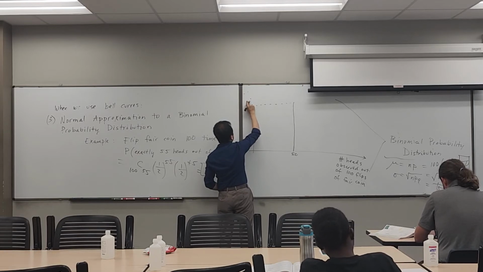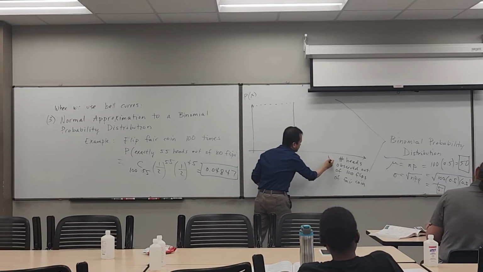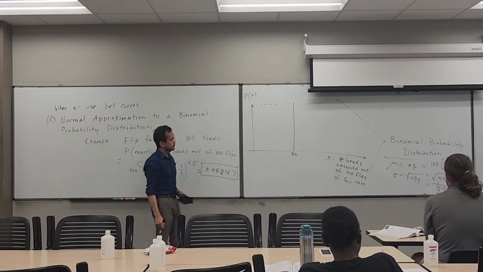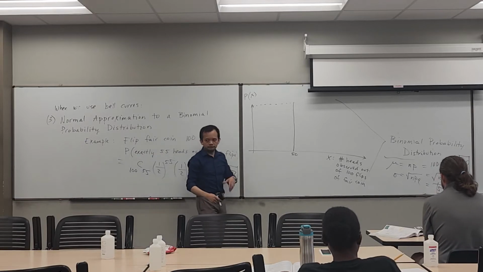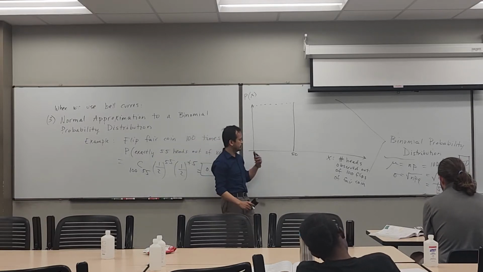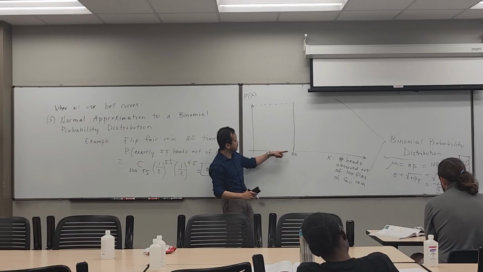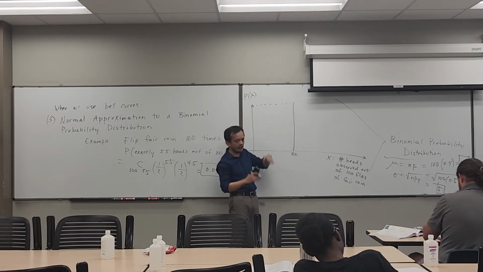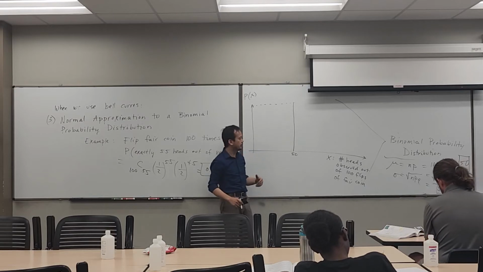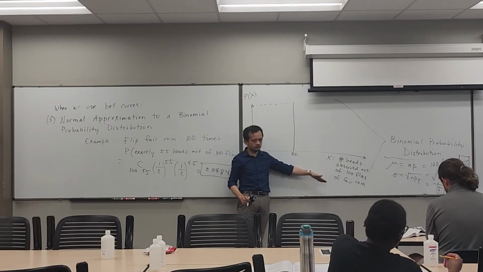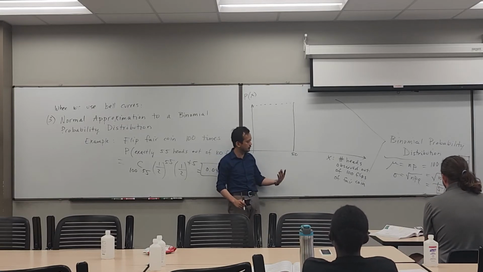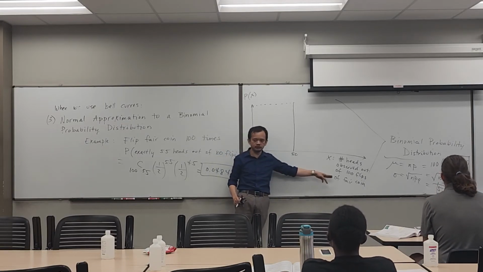So let's just call this the probability of x, where x is defined as the number of heads observed out of 100 flips. If you have a fair coin that you flip 100 times, you should expect to observe 50 heads with the most likelihood, where the height of this bar is the highest relative to all the other values. Now, just because the coin is fair, and assuming that it's perfectly fair, should you expect to observe 50 heads every time you flip it 100 times?